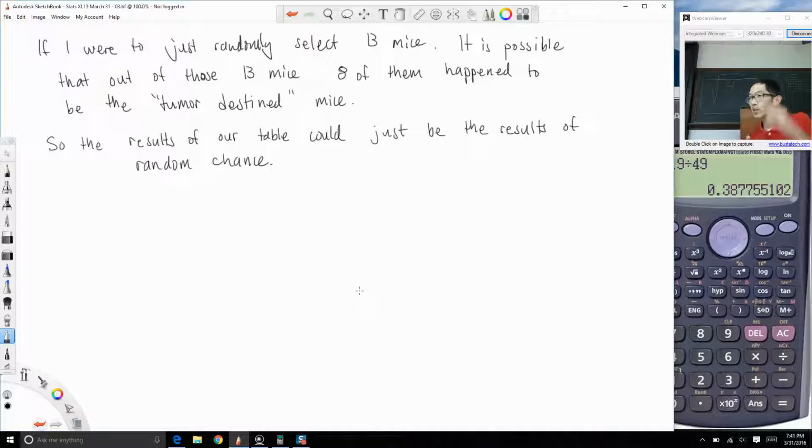We have an intuitive sense about certain things, okay? If I told you, I flip a coin 10 times and I get 6 heads, okay, you would not suddenly come to the conclusion that, oh, your coin is biased to favor heads, right? Because getting 6 heads out of 10, that's technically more than what we would expect, right? We're expecting somewhere around 5 and I got 6.